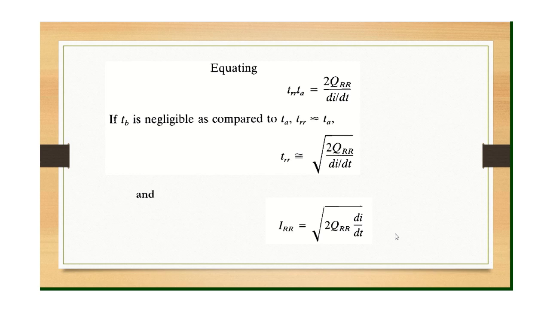All right, so these are the important parameters which you have to go through, analyze and understand in terms of power diodes. Whenever you have anything about diodes, you need to go through all these parameters.